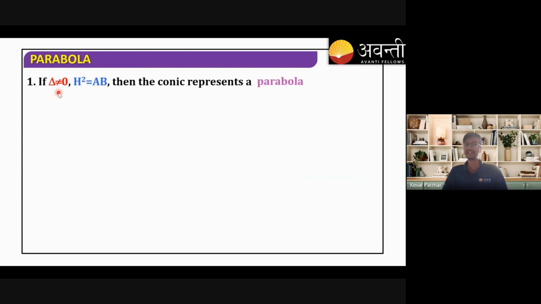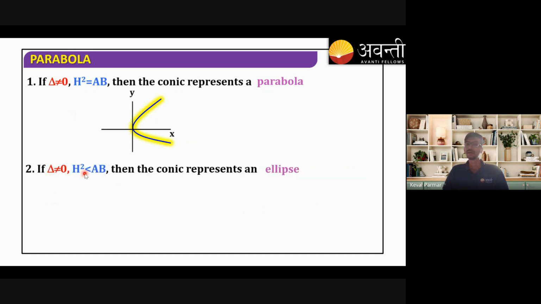So, if delta is not equal to 0, obviously now this will be a common condition if we want a parabola, ellipse, and hyperbola. Now, the second condition is h square equal to ab. If h square equals ab and delta not equal to 0, we get a parabola, right? Which is of the shape C. We will discuss the shape and everything of the parabola in the coming slides. If delta is not equal to 0 and h square is less than ab, then it is an ellipse, which looks like this.